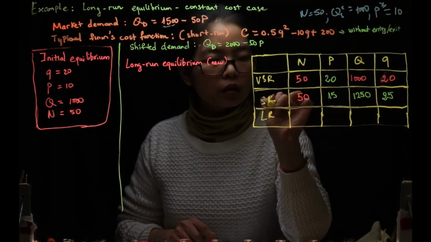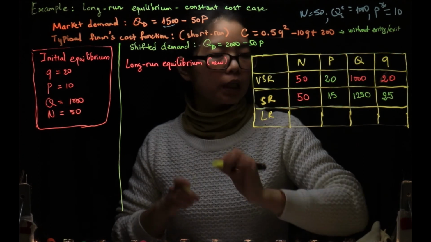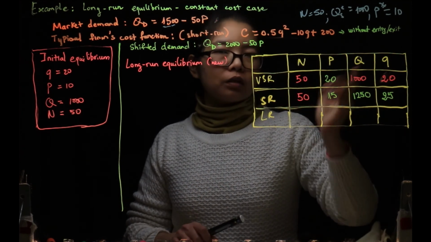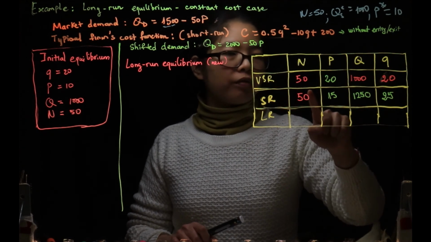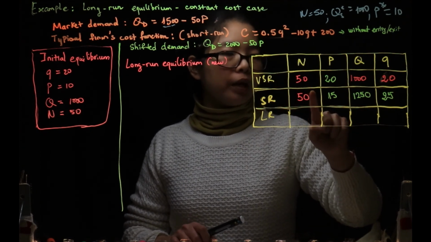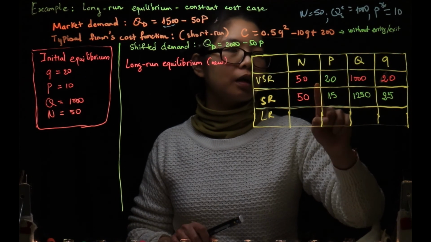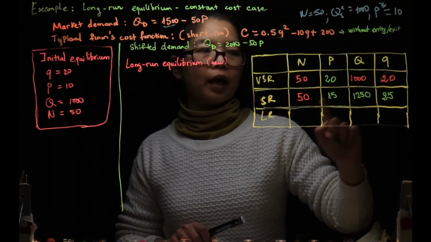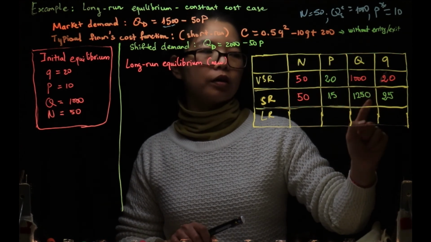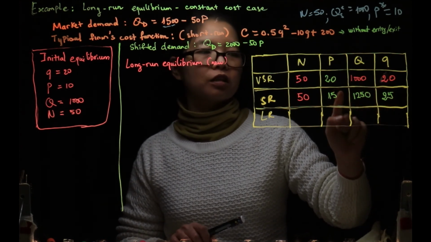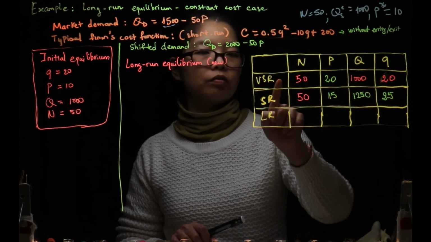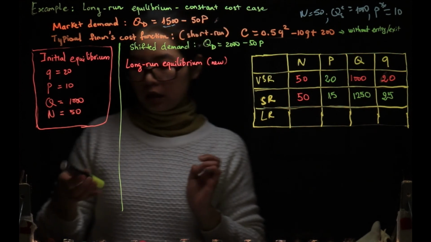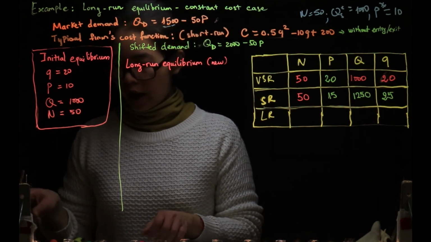What I have filled in here was actually found in previous steps, but the numbers in pink are what is fixed, and in green what changed after the demand shift for very short run and short run. Now let's find out for the long run, what will happen.